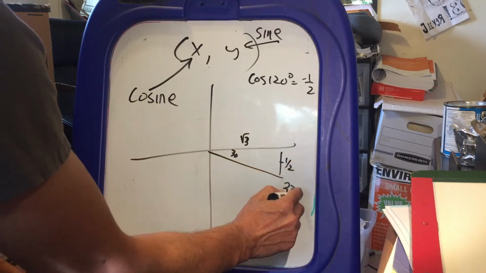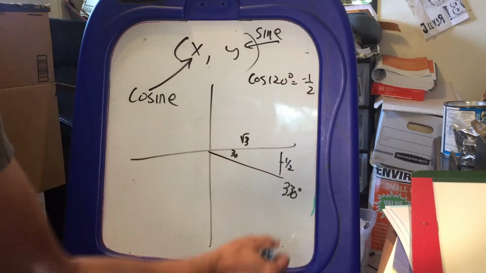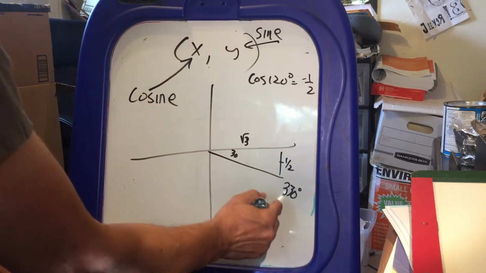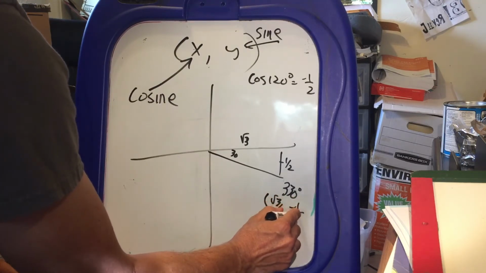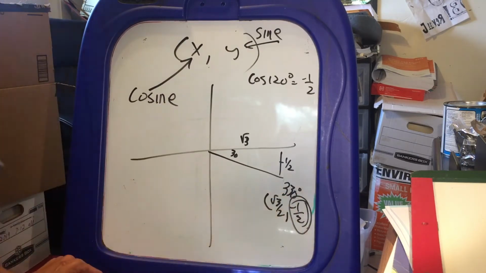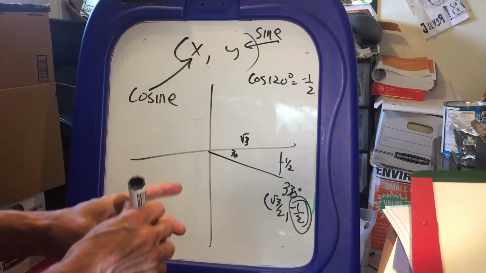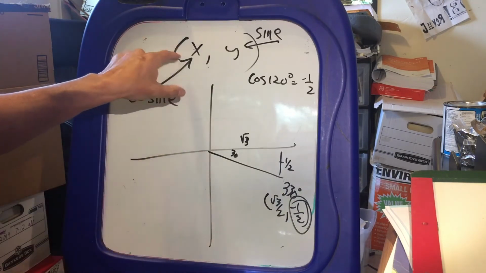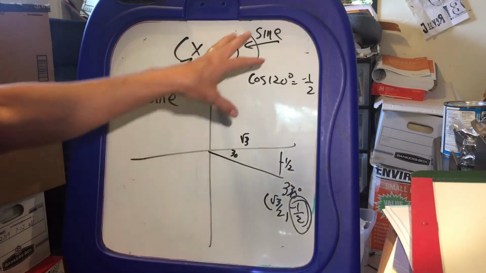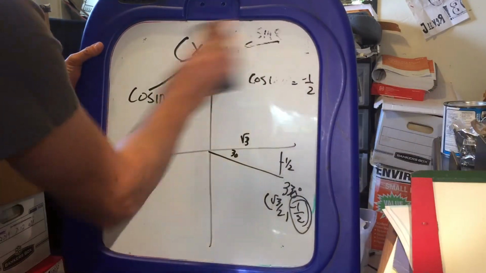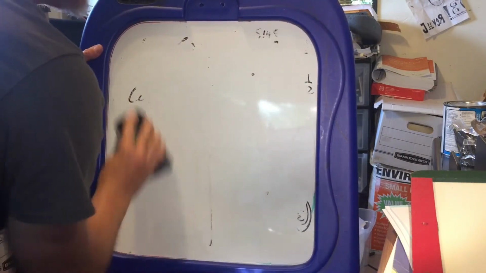Actually, the sine was negative 1/2. Well, the coordinate here was root 3 over 2 comma negative 1/2. The second number here, that was the sine. When you're dealing with a unit circle, the first number in the coordinate is the cosine of that angle, and the second number in the coordinate is the sine of that angle. If that makes any sense, hopefully.